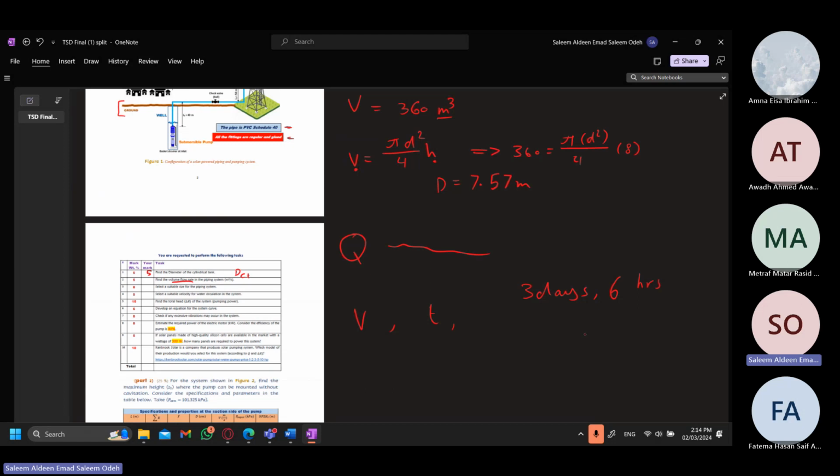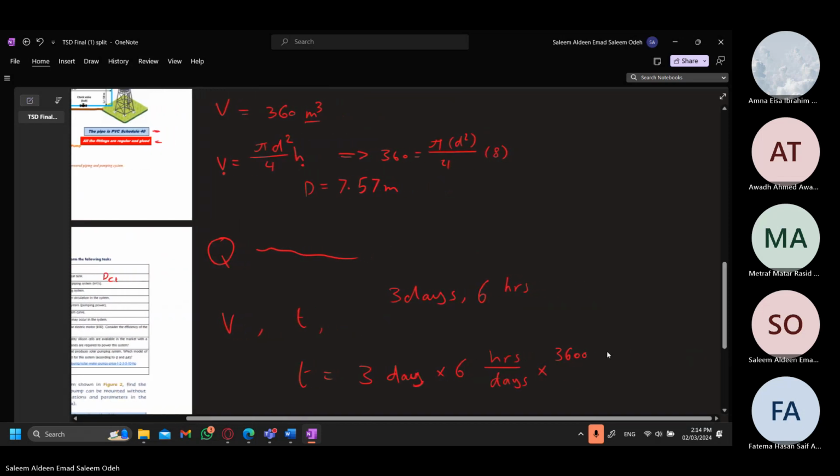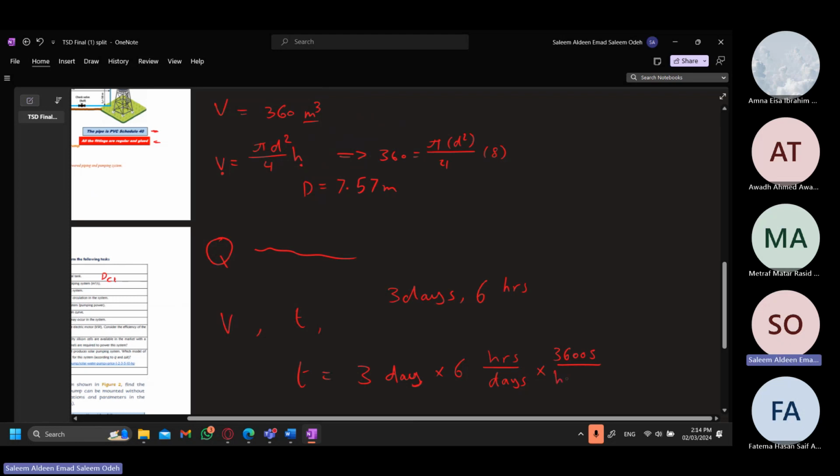So in order for us to find the time to calculate the volume flow rate, what we need to do is 3 days multiplied with 6 hours, but we need to find it with the same units, so days divided by days, multiplied with 3,600 seconds over 1 hour.